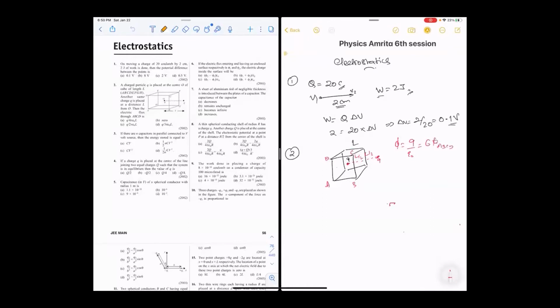So the flux through ABCD is equal to q by 6 epsilon naught. That is due to the small q.